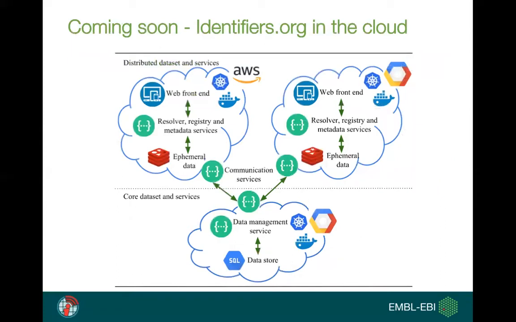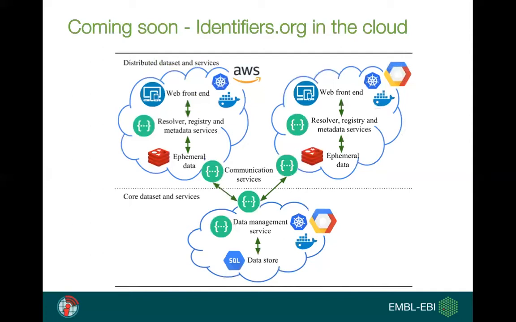And this is how our future is looking, basically. The idea is to move our infrastructure into the cloud as part of the Data Commons Pilot Phase Consortium work. At the moment, our infrastructure is running on production servers in the data centers maintained by EBI.